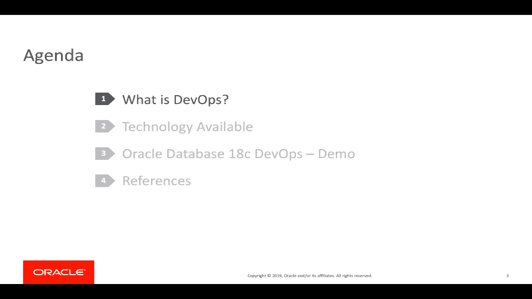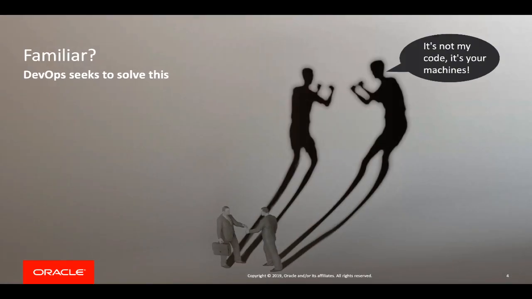So, first question, what is DevOps? DevOps' target is to solve this very common issue between development and operation business units. On the left, we have the sysadmin saying, hey, it's not my machine, it's your code. While on the right, we can see the developer replying, it's not my code, it's your machines.